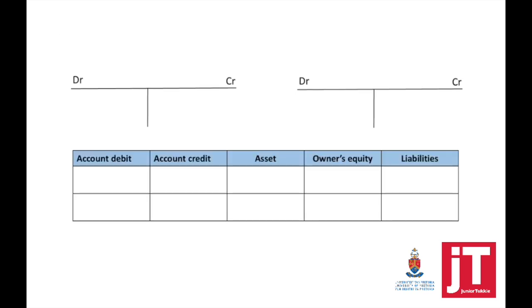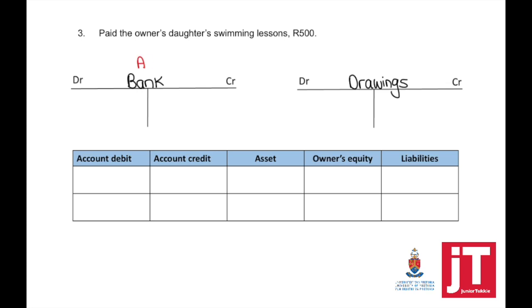The third transaction, paid the owner's daughter's swimming lessons, 500. So this is a personal expense. If we make a payment, bank will always be involved. And because this is a personal expense, it means we need to open up drawings. Bank is regarded as an asset which will increase on the debit side and decrease on the credit side.